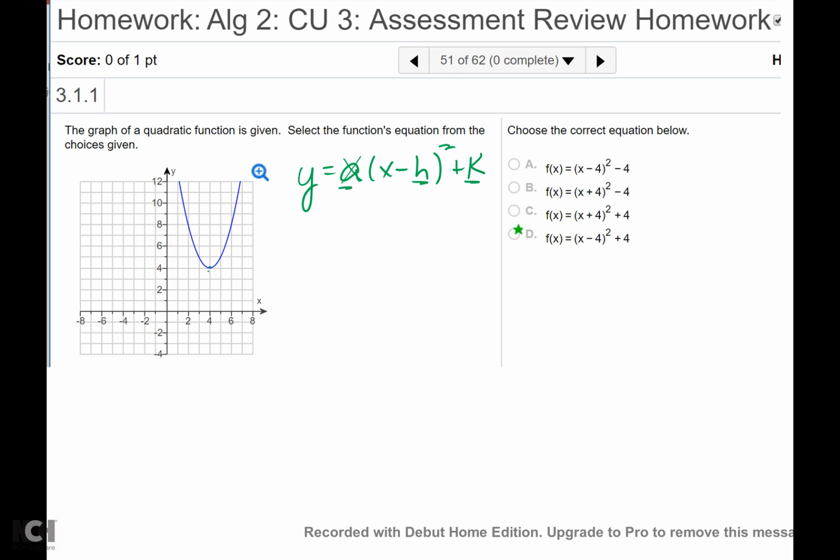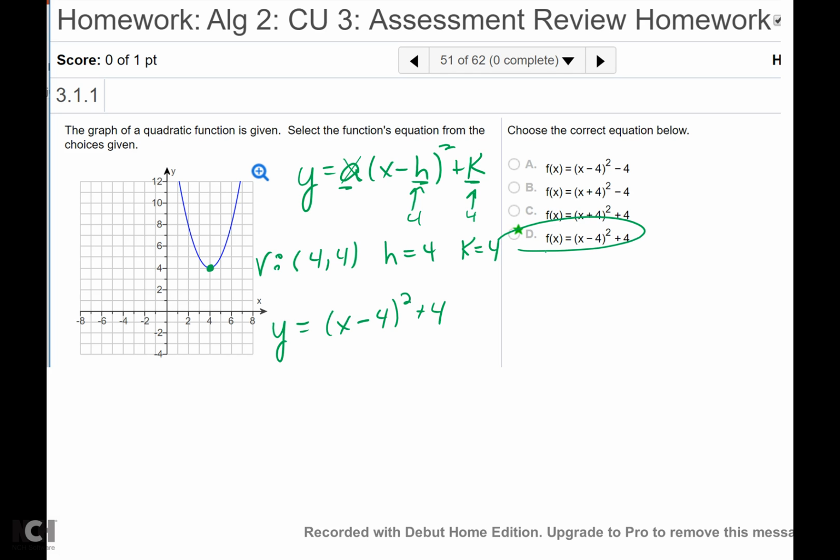Well, h and k is the vertex, which is right there. My vertex is at (4, 4), which means h is 4 and k is 4. So if I plug in 4 there and 4 there, I'll have my function. y equals (x minus 4) squared plus 4. And that's my equation.